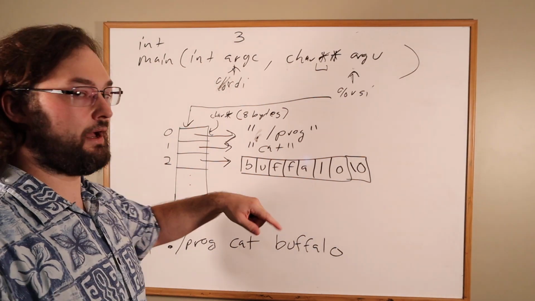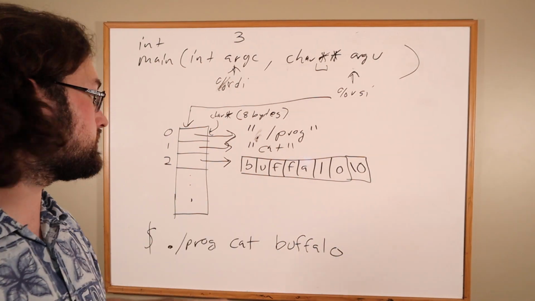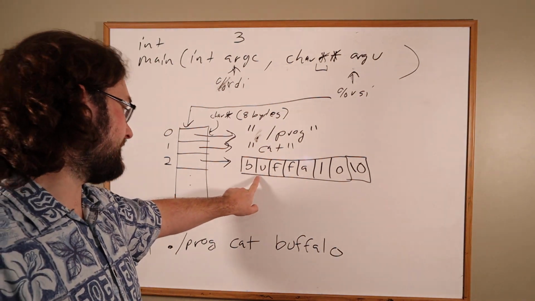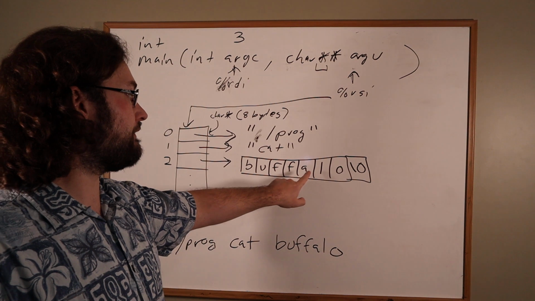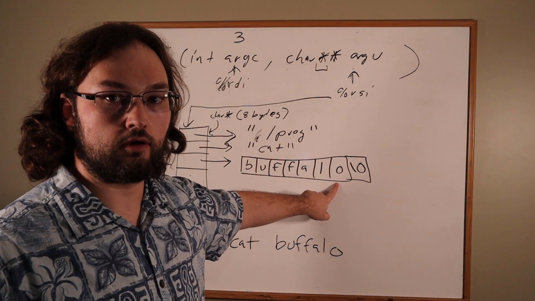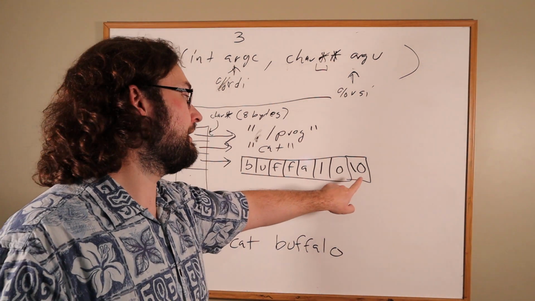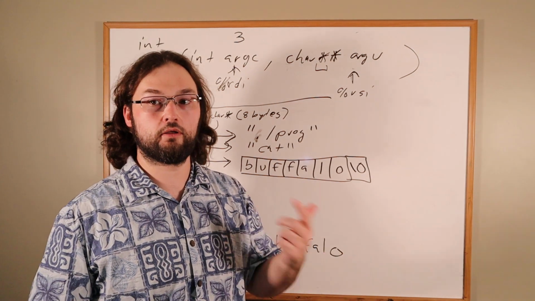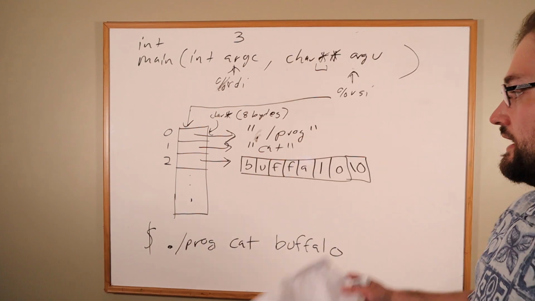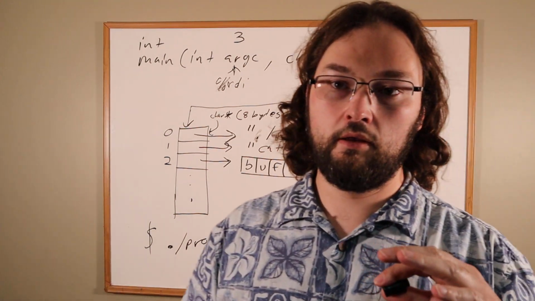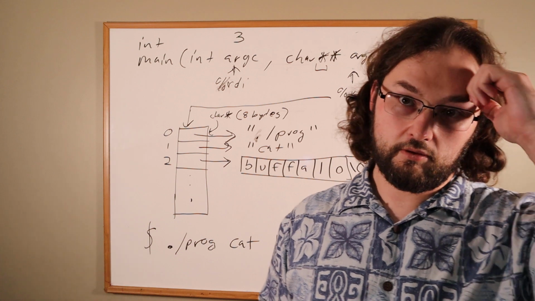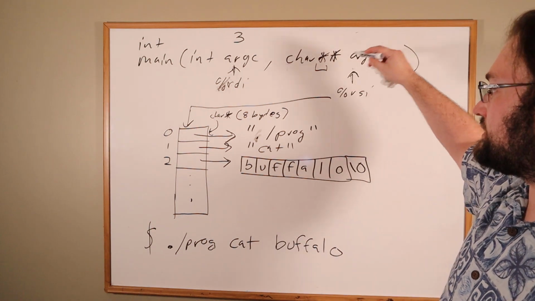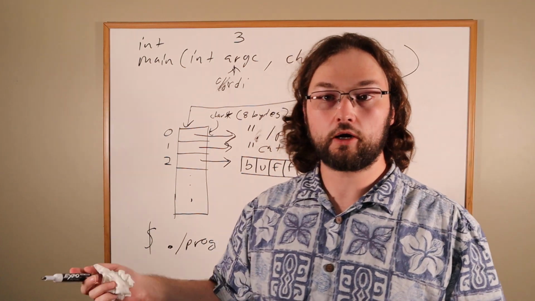So this is an array of 8-bit integers, where the first one is whatever the ASCII code for B is, the ASCII code for U, F, F, A, L, the ASCII code for the lowercase letter O, and then the number 0, that's the ASCII code for null. So that's the memory layout of, well, this is sort of how this two-dimensional array with arguments in it works.